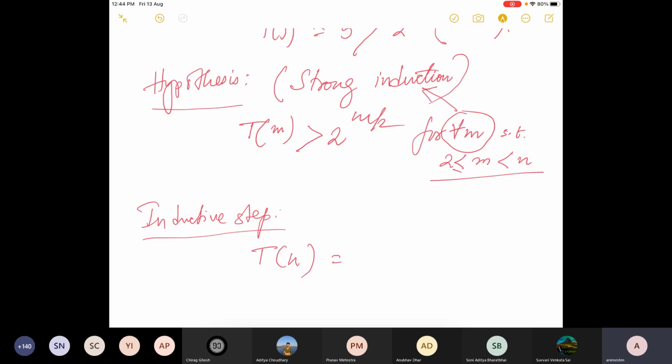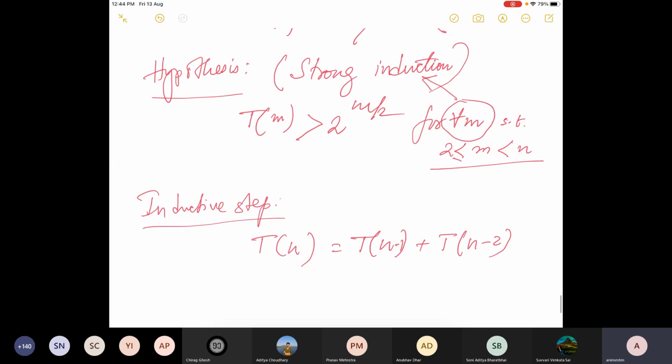You know from the Fibonacci sequence formula that Tn is equal to Tn minus 1 plus Tn minus 2.